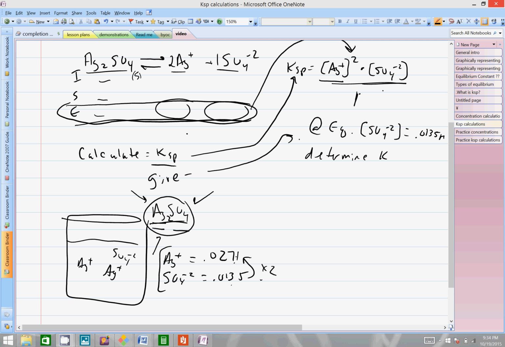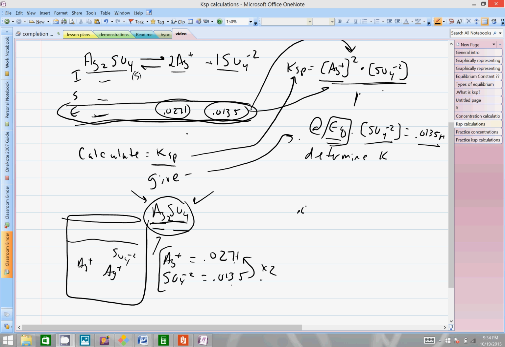It says at equilibrium the sulfate ion concentration is this, so I immediately take it and put in 0.0135. Anytime they give you an equilibrium concentration, go ahead and drop it into the formula. Next, we want the silver, which is going to be 0.0271. There is nothing for the solid, so plug it into your expression.